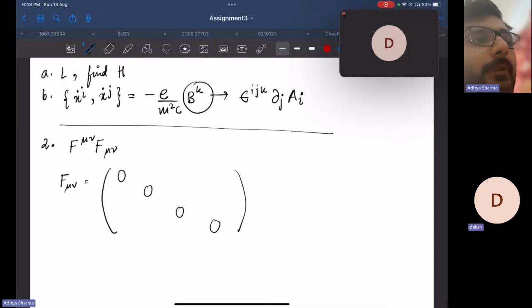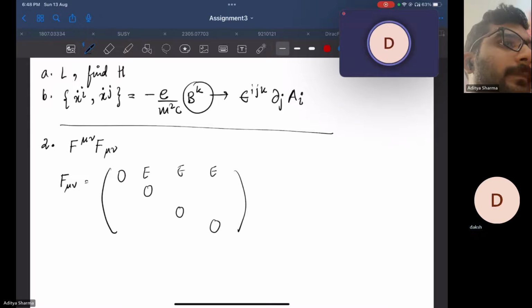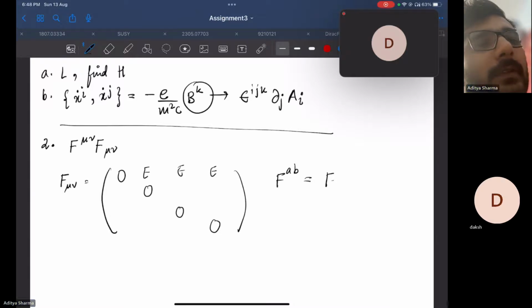0, 0, 0, 0, and your E, right? One is the transpose of the other, right? I mean, F with superscript mu nu is the inverse of the other. No, the upper symbols mean upper indices, and it means the lower one's inverse.